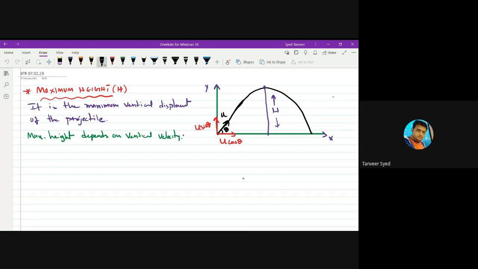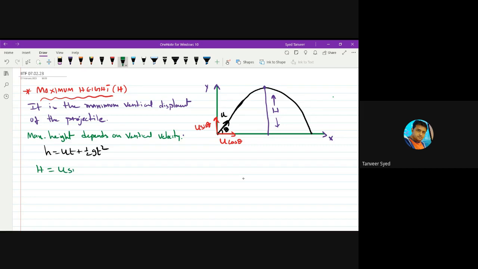Now I'll apply h equal to ut plus half gt square in vertical direction. What is h? H is maximum height. We want maximum height. So in place of h, I should write maximum height, capital H, equal to u. Which u? Horizontal or vertical? Vertical.